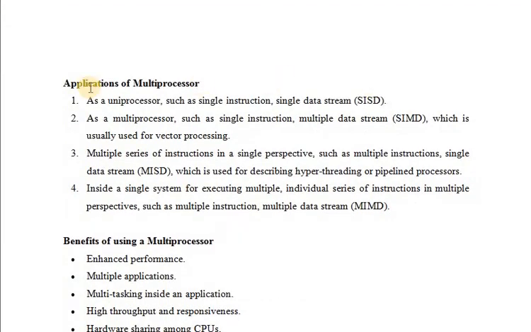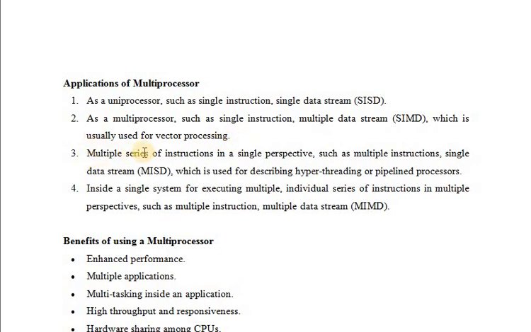Now we will see the applications of multiprocessor. As a uniprocessor, single instruction, single data stream, you call it SISD. As a multiprocessor, single instruction, multiple data stream, that is SIMD, which is usually used for vector processing.